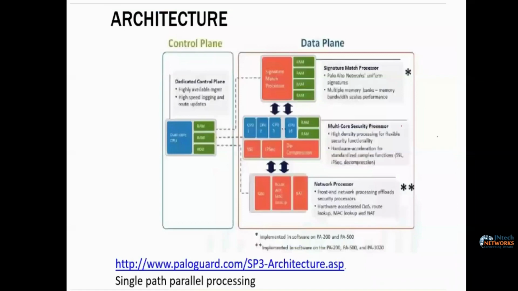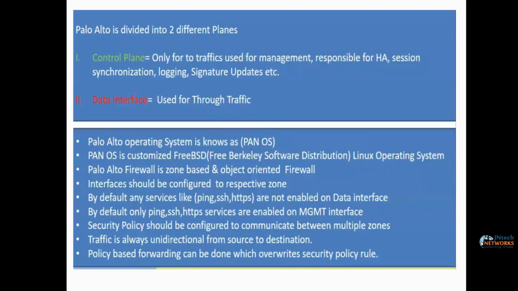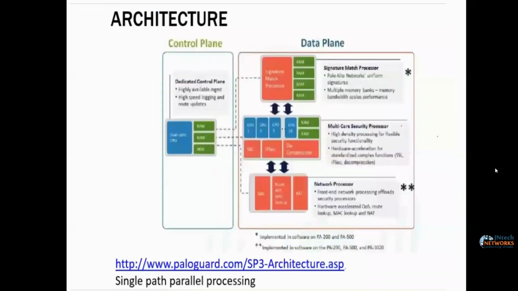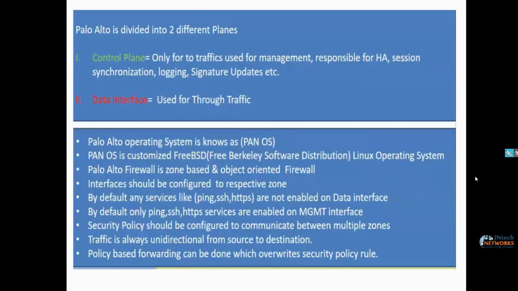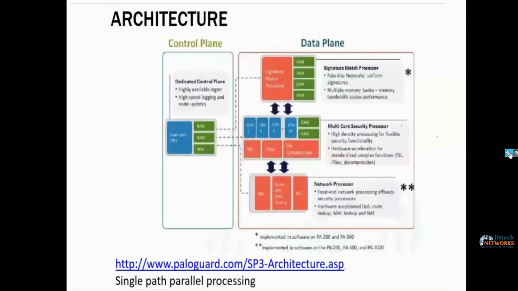Palo Alto is using the SP3 architecture. It's called single pass parallel processing. It means if any traffic hits this ingress interface, then the firewall will create 3 copies of this packet and send one to each engine, and they will process this traffic parallelly.